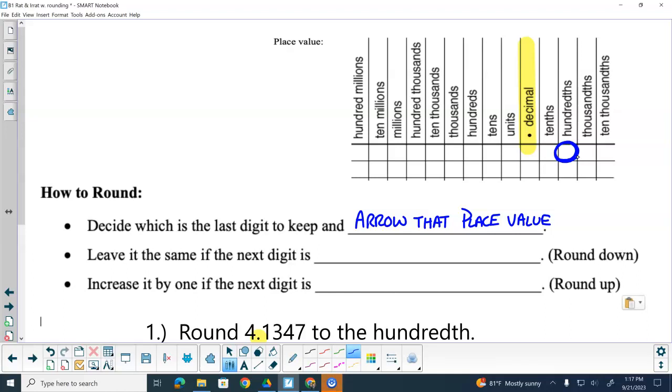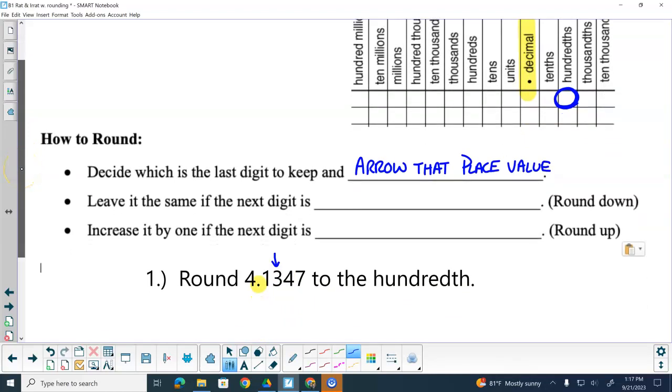What number is in the 2-to-the-right spot in this example? 3. So I'm going to put an arrow on top of 3. That is what I am going to be rounding to.